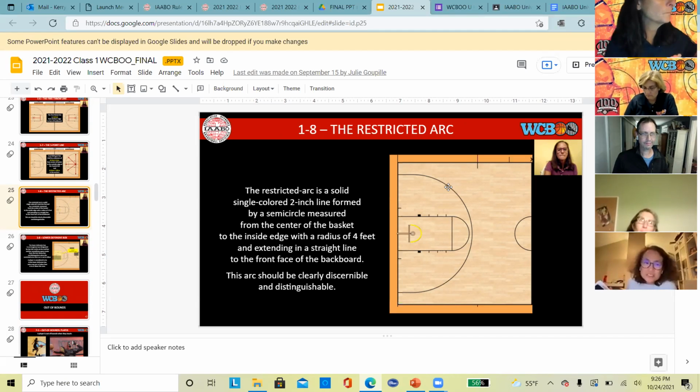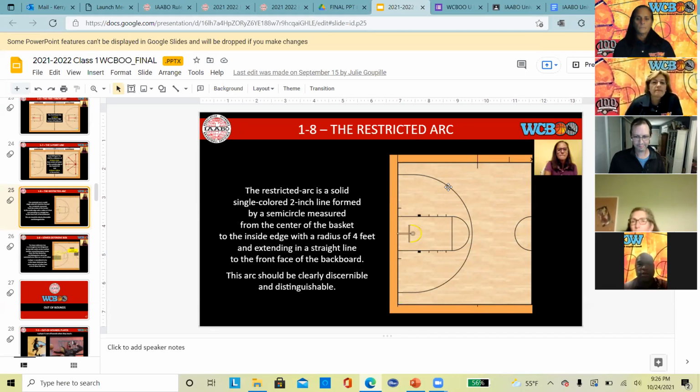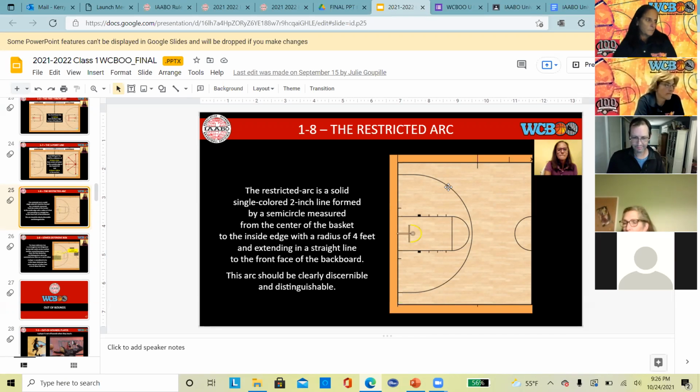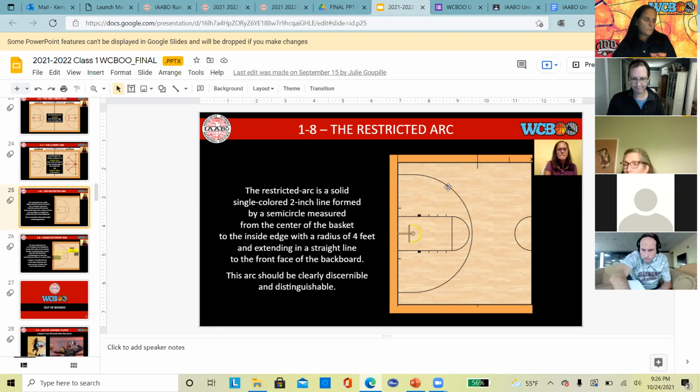Dribbler A1 brushes against B2, who is touching the boundary line. The official sounds the whistle and rules A1 is out of bounds. Is the official correct? Who wants to try to answer that question? Carl, can you repeat it again because I couldn't hear you for a second? I would be happy to. Dribbler A1 brushes against B2, who is touching the boundary line.